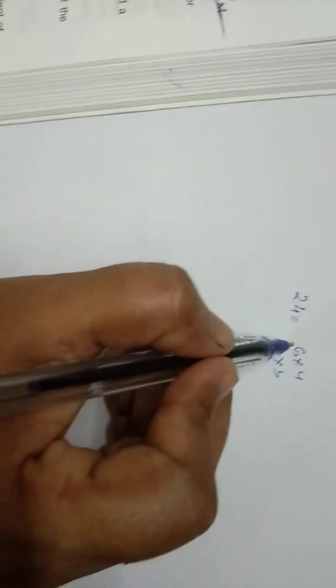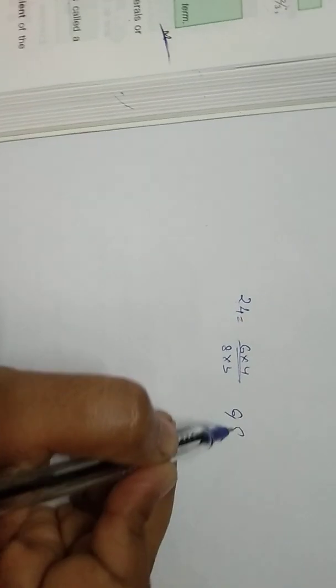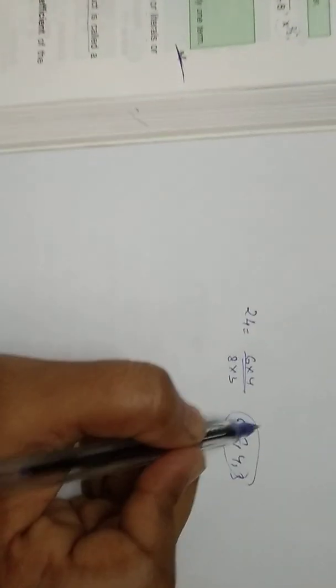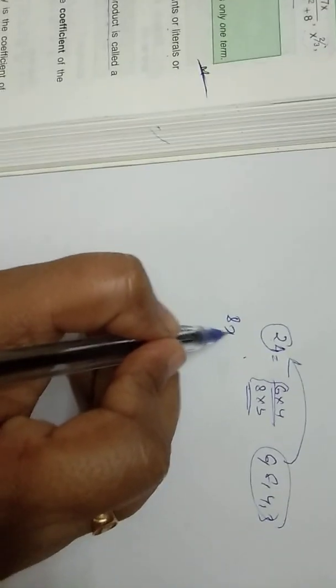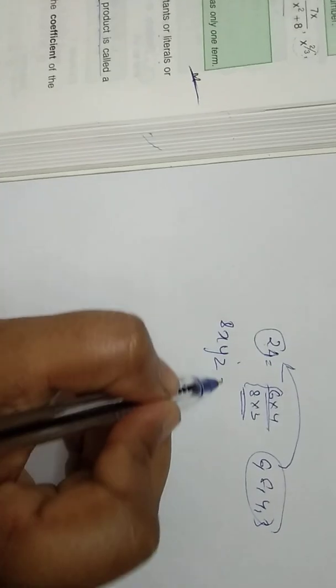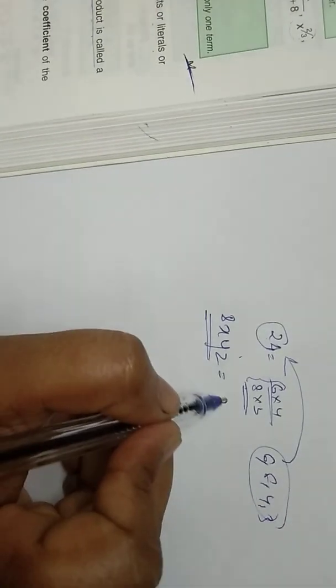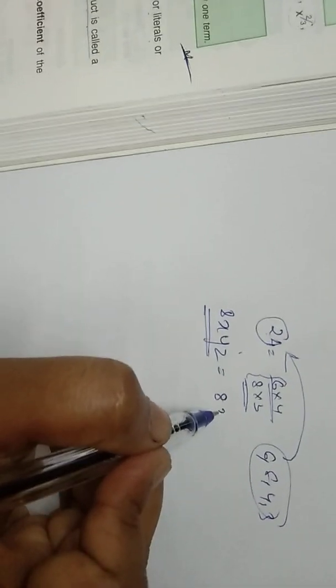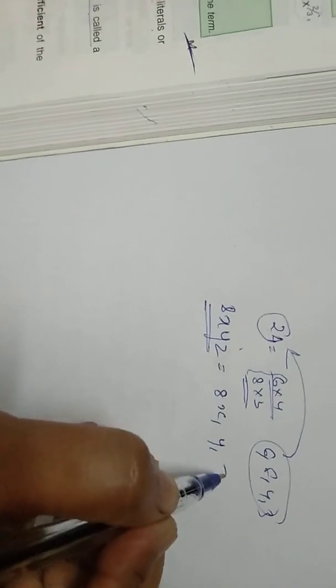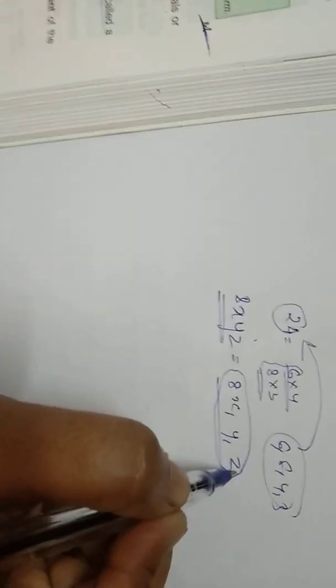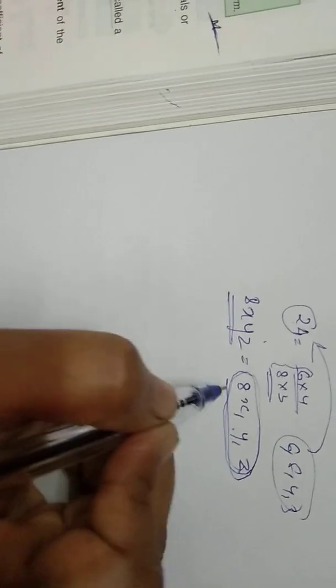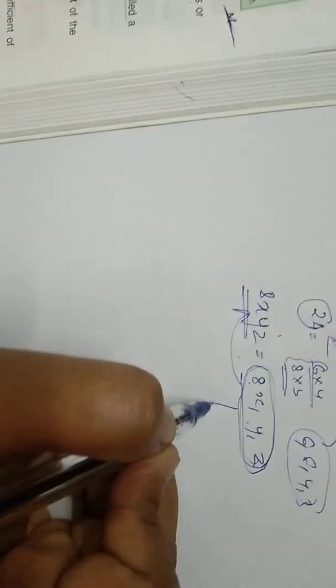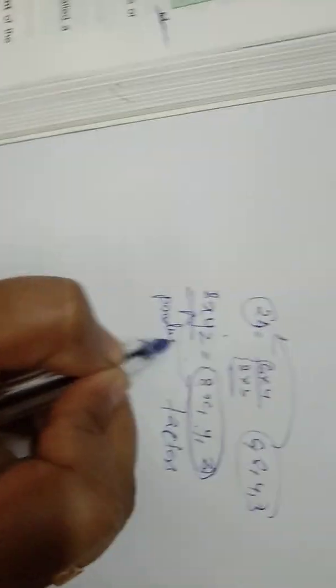So 6, 4, 8, 3 are the factors of 24, and 24 is the product of these terms. Just like here 8xyz, if this is a product, it means 8 into x into y into z. The product of these terms is known as 8xyz. So these are the factors and this is known as the product.